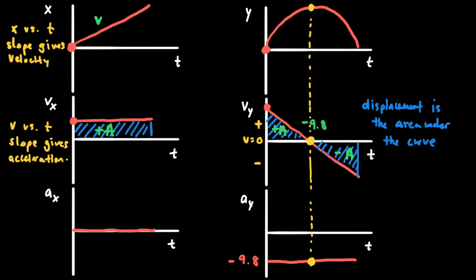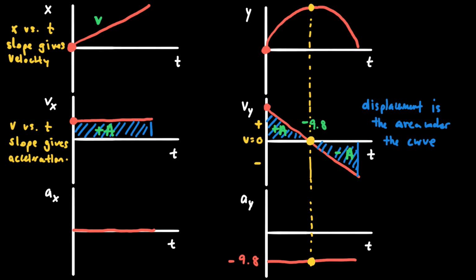And so the slope of these position versus time graphs tell us about the velocity. The slope of the velocity versus time graphs tell us about the acceleration. The area under the velocity versus time graphs give us the displacement. And something that's not as important but sometimes shows up, the area under an acceleration versus time graph tells us the change in velocity.